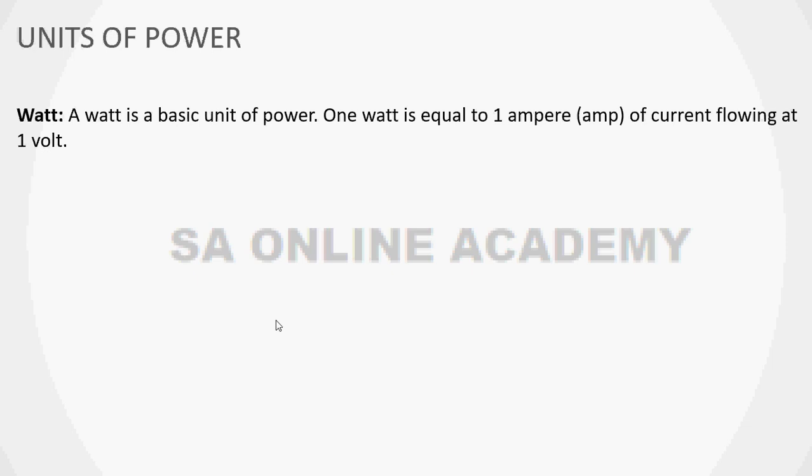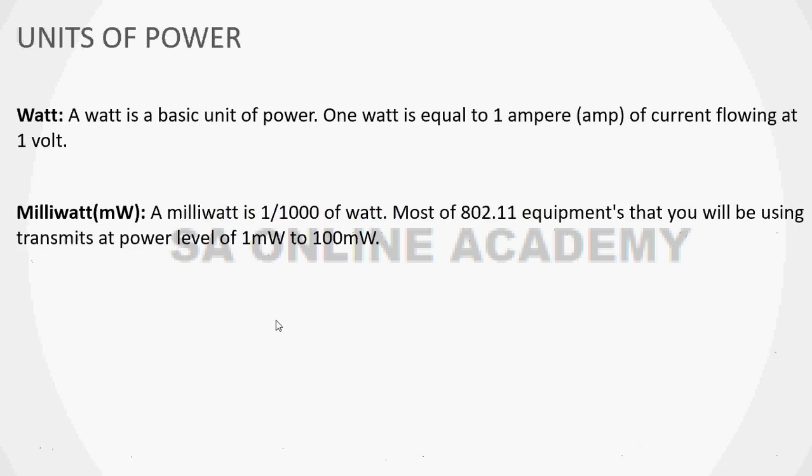And a milliwatt is one thousandth of a watt. In our 802.11, generally all equipment is represented in milliwatt, because there is very rare equipment, particularly access points or RF Wi-Fi level, that transmits in watts. So we generally deal in milliwatt only.